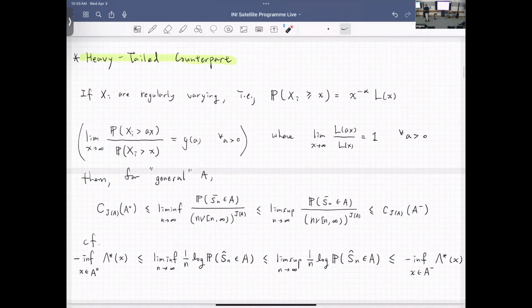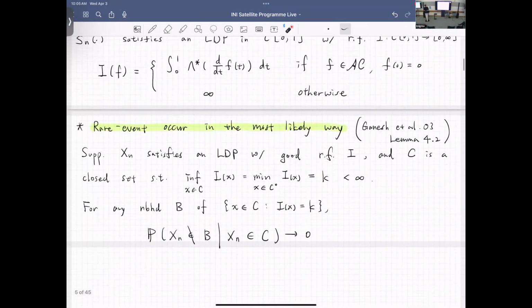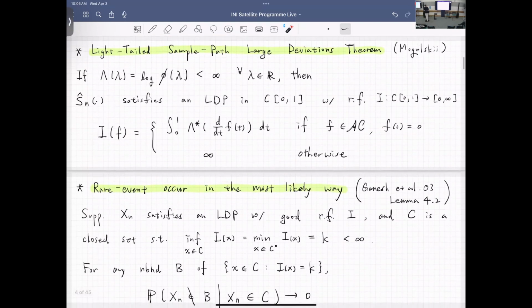Okay, let's move on to the heavy tail counterpart. For a long time, there was no heavy tail counterpart. And by the way, this is awesome because you have sample path large deviations. You're looking at the whole history of the system, so you can precisely characterize how exactly it happens. It starts from here, goes out linearly, and hits zero at the end of the time horizon.